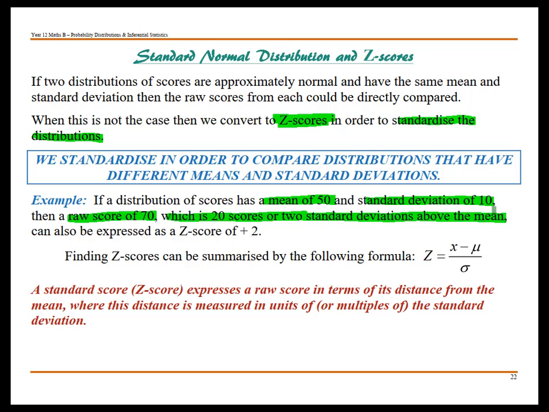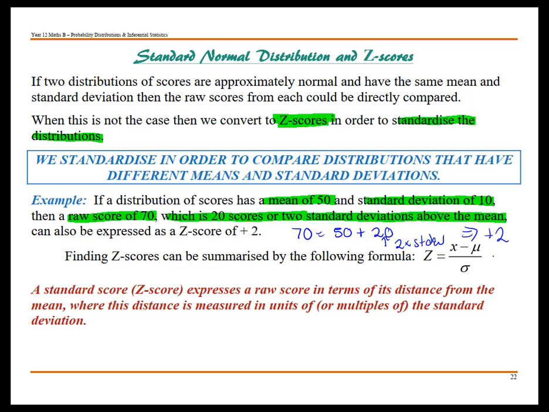Okay, so mean is 50, standard deviation of 10, so a raw score of 70 is the mean plus 20, and that 20 is 2 times our standard deviation. Okay, so that means we're 2 standard deviations above the mean. Now, that means that a score of 70 can be represented by a Z-score of plus 2, meaning it's 2 standard deviations above the mean.